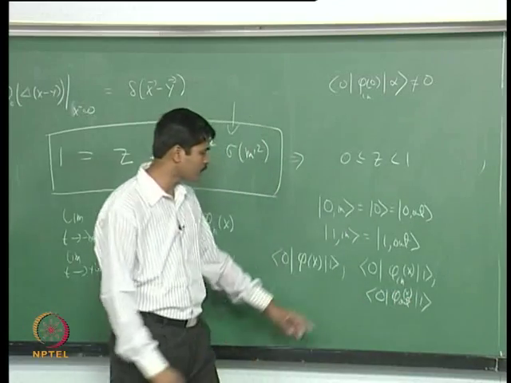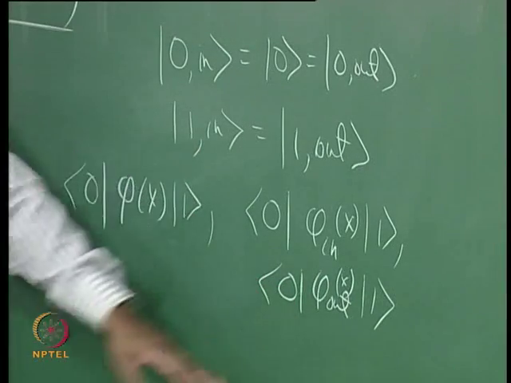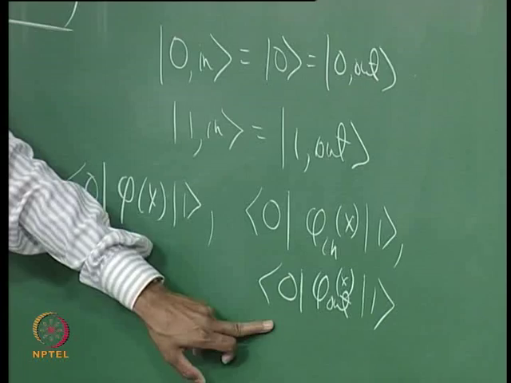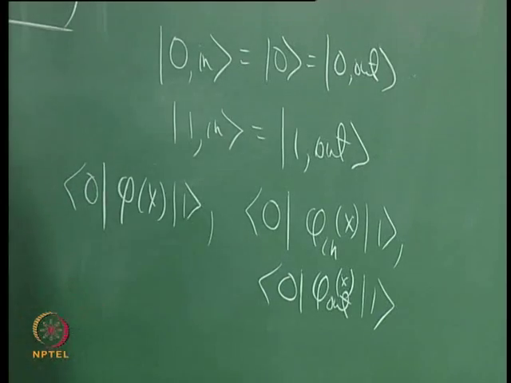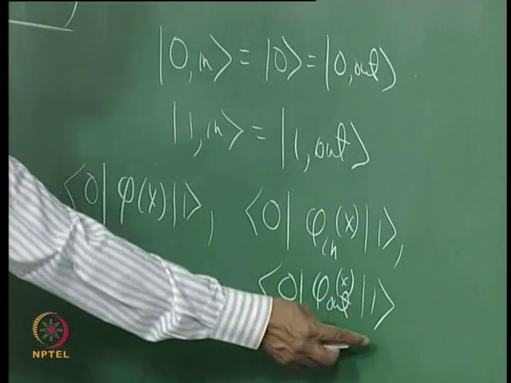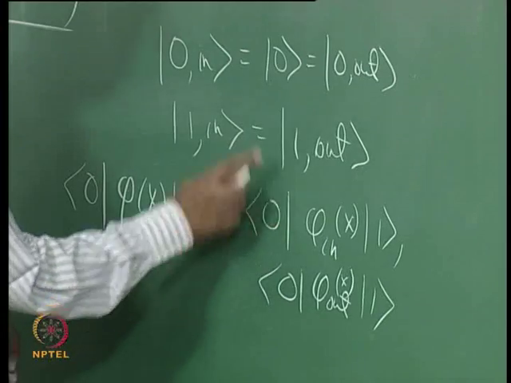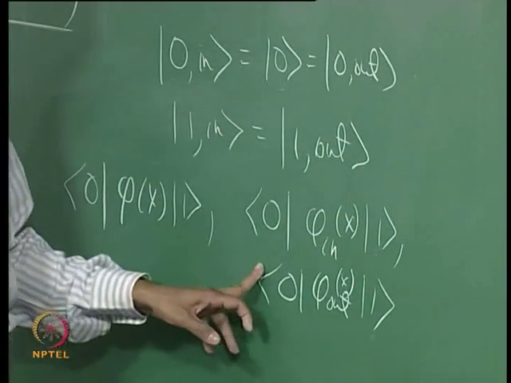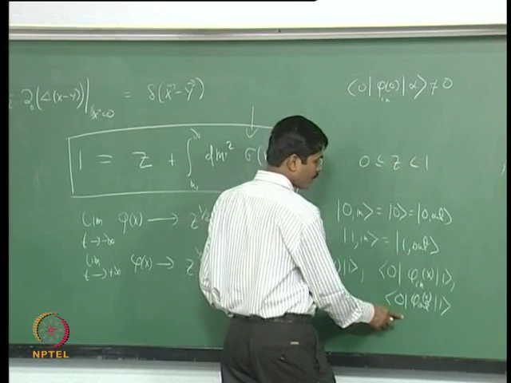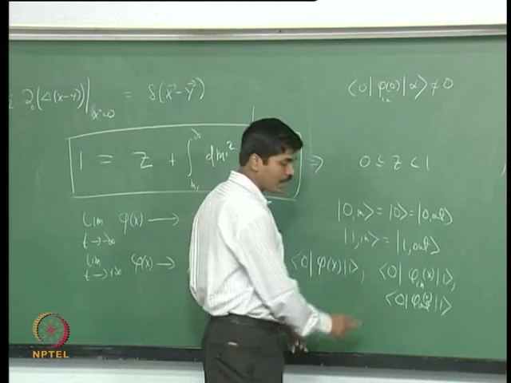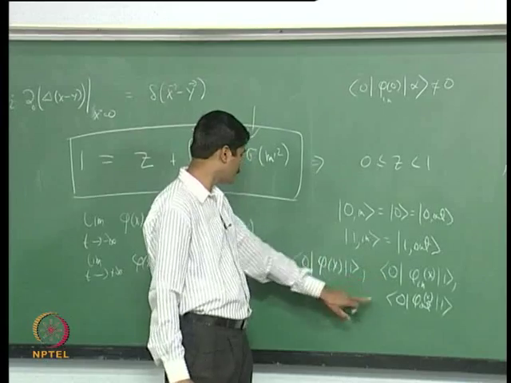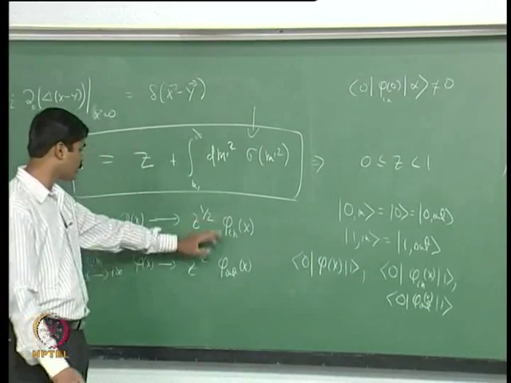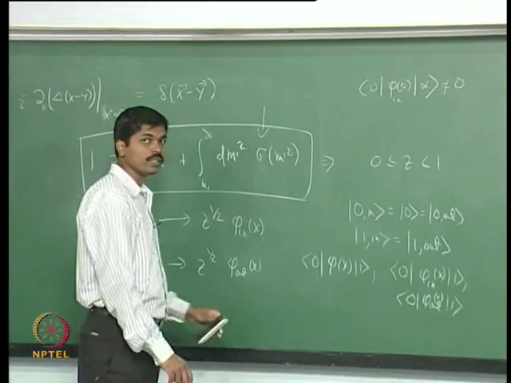So, they have the same functional form here. So, only thing that can differ here is the overall constant, but because both the vacuum here and the single particle states are the same for both in as well as out, therefore, the multiplication factor here also has to be the same. So, you get the same quantity.